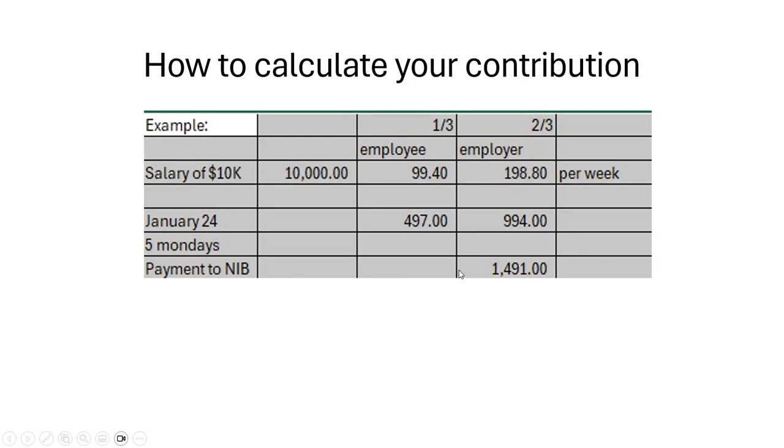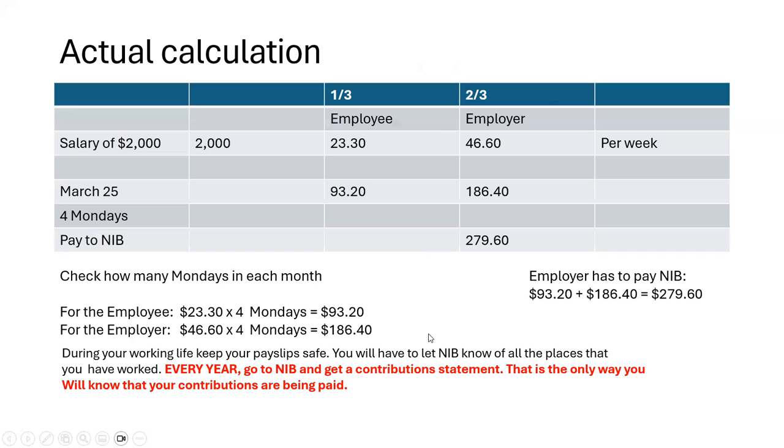And then you work out what the total amount is that the employer is supposed to pay on your behalf. So your pay slip should show you $497 coming out of your salary. Okay, let's go to the next slide.